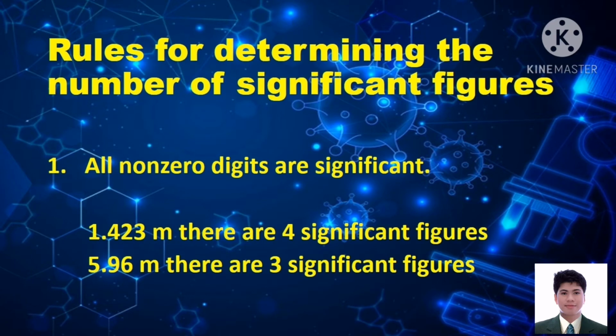Rules for determining the number of significant figures. Rule number 1: all non-zero digits are significant. For instance, 1.423 meters, there are 4 significant figures. Next, 5.96 meters, there are 3 significant figures.